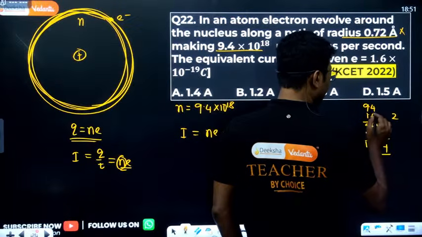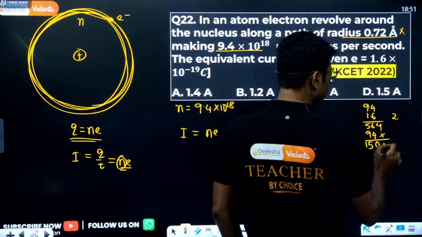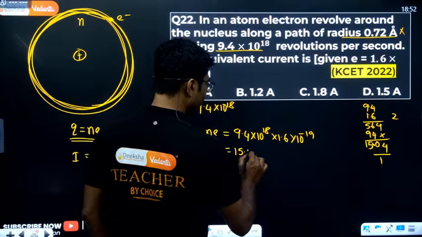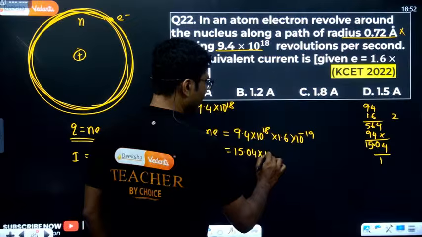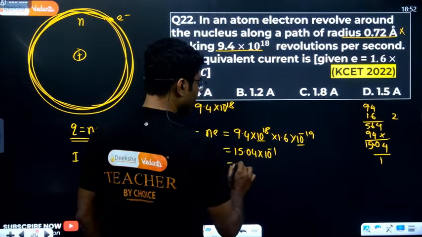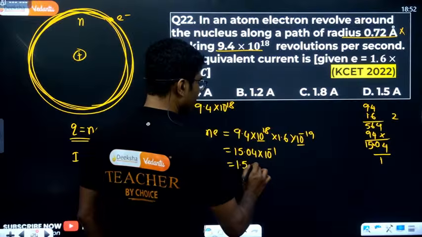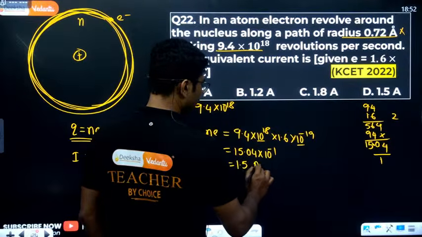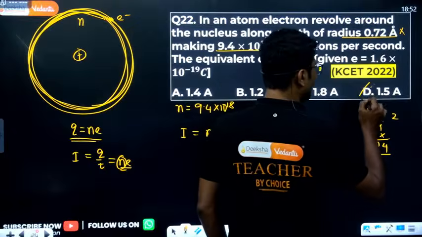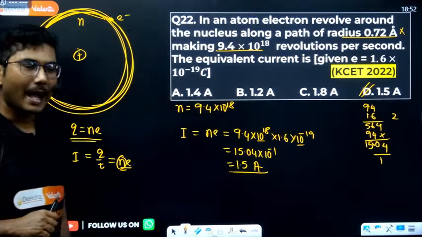And how many decimals? 2 decimals, 2 decimals. So 15.04 into 10 to the power of minus 1 plus 18 minus 19 minus 1, so it will be 1.5 ampere. So the equivalent current passing through the conductor is 1.5 ampere.